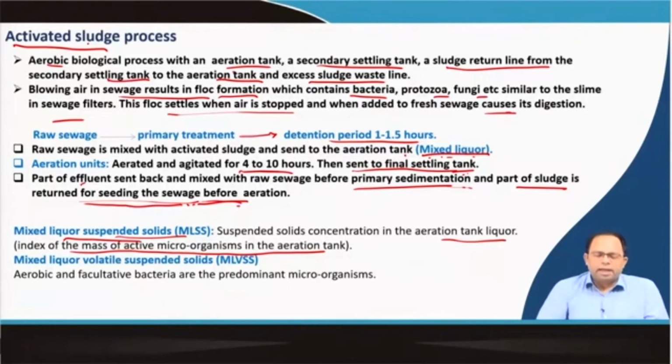So, that gives us an idea about how much is the mass of active microorganisms in the aeration tank. And similarly, mixed liquor volatile suspended solids, the amount of volatile suspended solids gives us an idea about the aerobic and facultative bacteria present among the microorganisms. So, we get an idea about this kind of bacteria in the aeration tank.